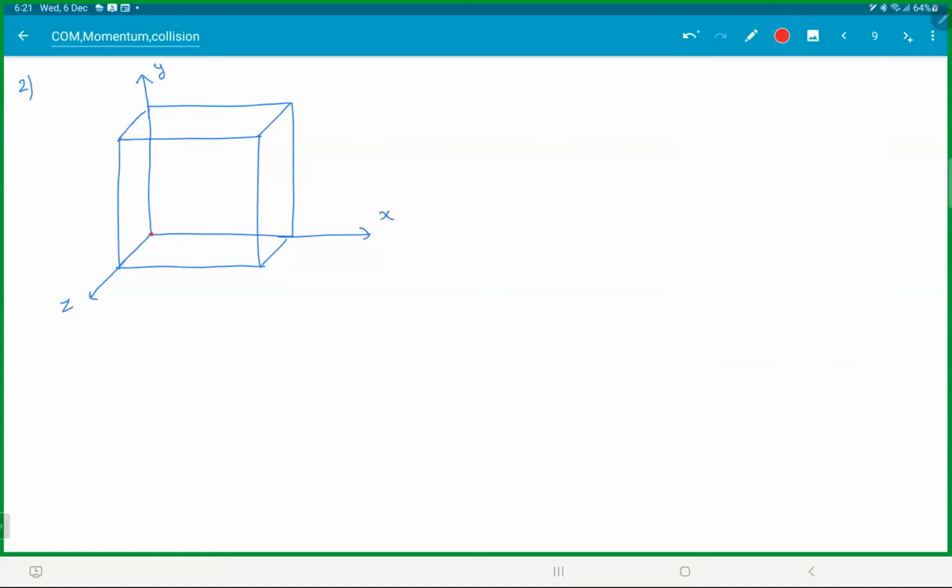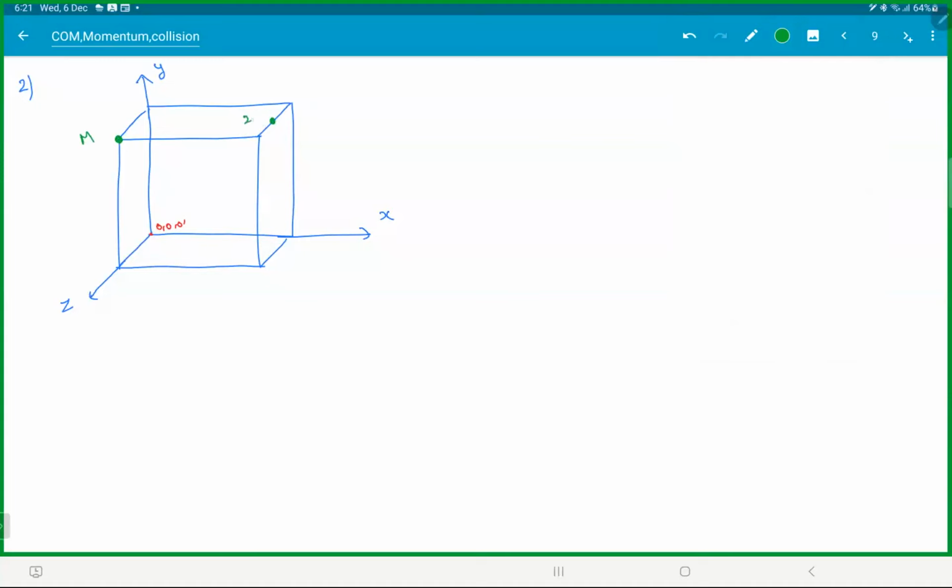So we have this thing here. This is your origin. We have one particle here, mass m. I shouldn't have kept it there. I don't like that point. Let's see here. Let this be mass m.